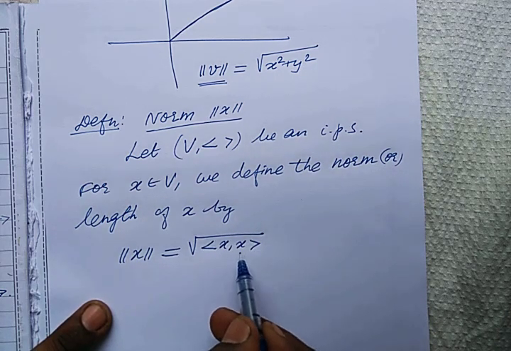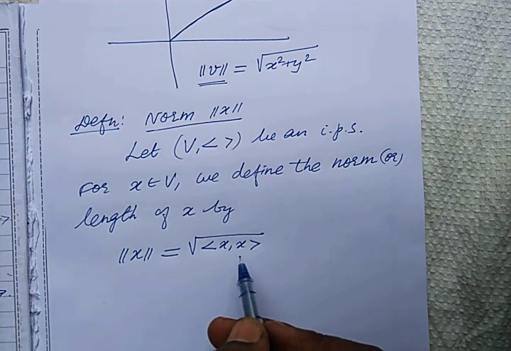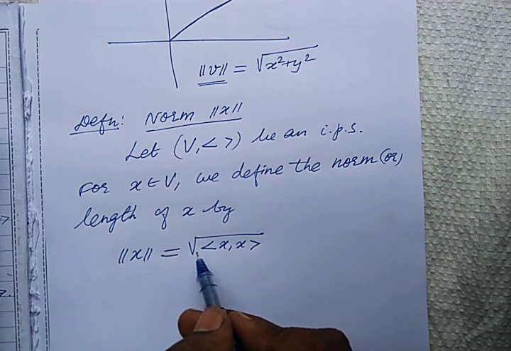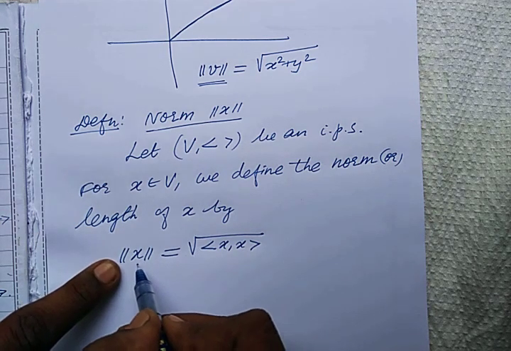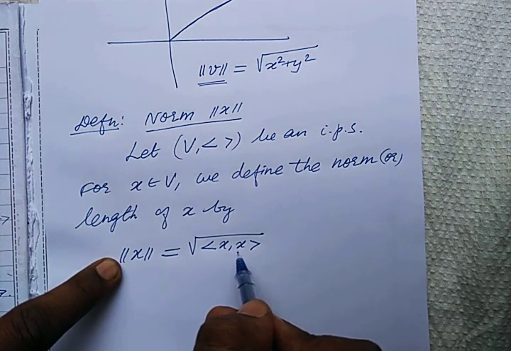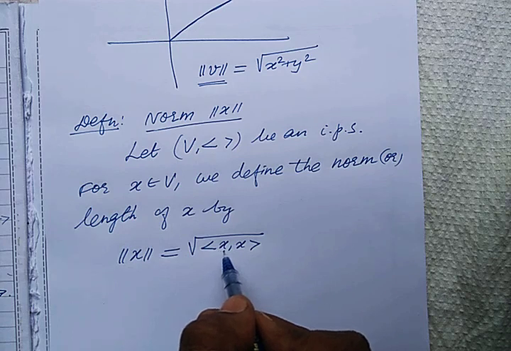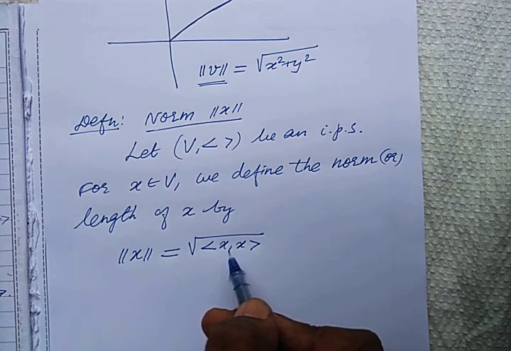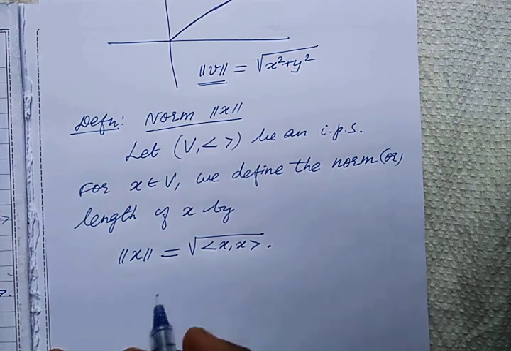Note that inner product of x comma x is always positive for a non-zero vector. So if we take the square root, we will get a positive number only. So this is positive if x is non-zero, and this is equal to 0 if x is 0. If x is 0, inner product of 0 comma 0 is 0, so the square root also is 0. Note that.